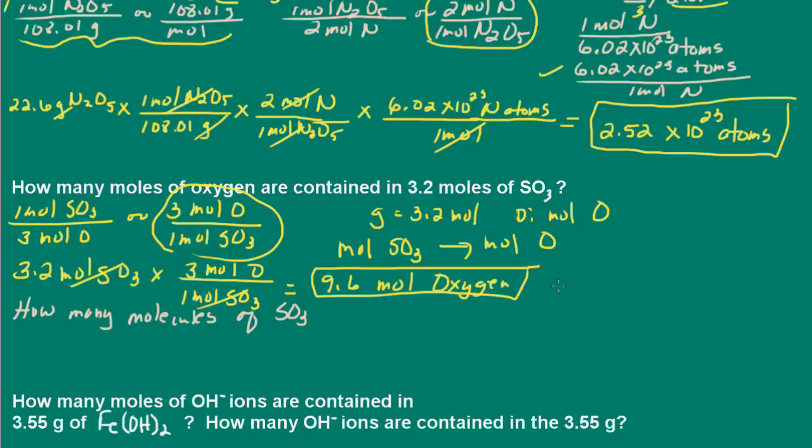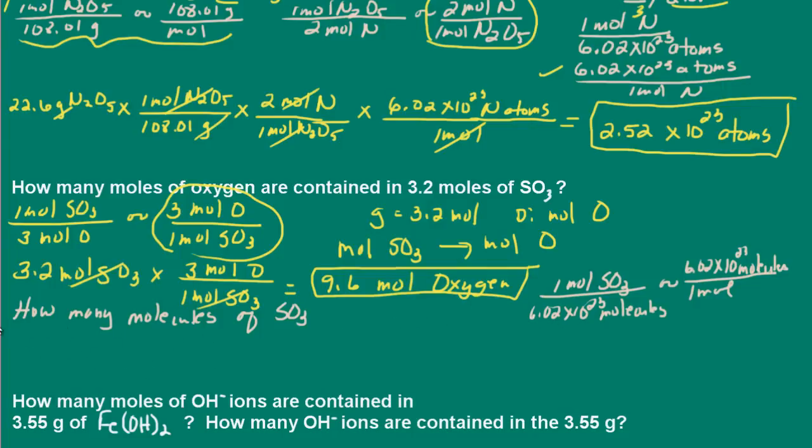So I can write those conversion factors. 1 mole of sulfur trioxide would be equal to 6.02 times 10 to the 23rd molecules. And of course I could also write this as 6.02 times 10 to the 23rd molecules to 1 mole.